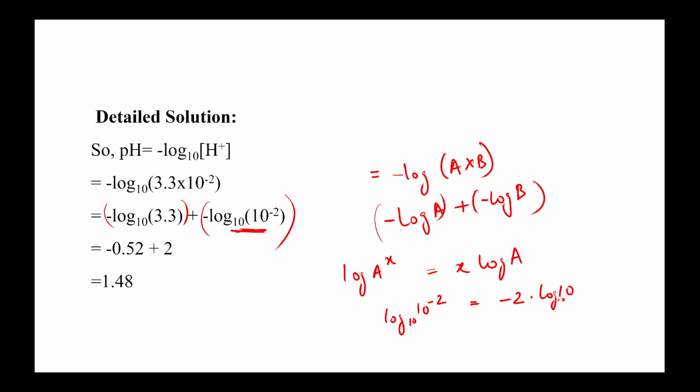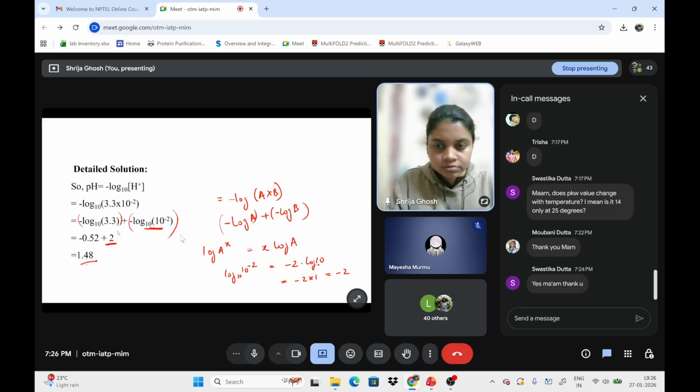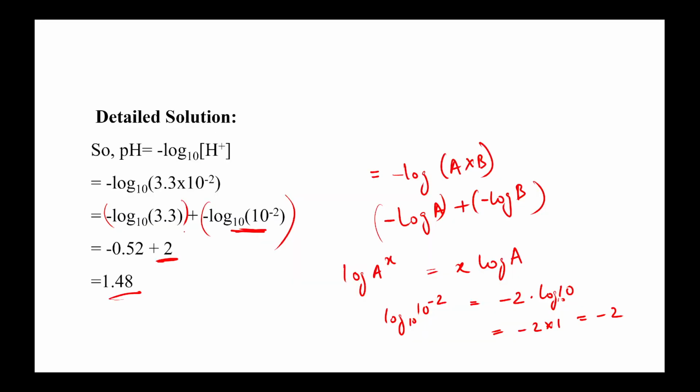Since my base is also 10, log 10 base 10 will be equal to 1. So this will be minus 2 into 1, that is equal to minus 2. And negative of negative 2 will be plus 2. That's why I've gotten plus 2 here. So 2 minus 0.52 will be 1.48. I hope this is clear to everybody. If you have any doubt, please write it in the chat box.